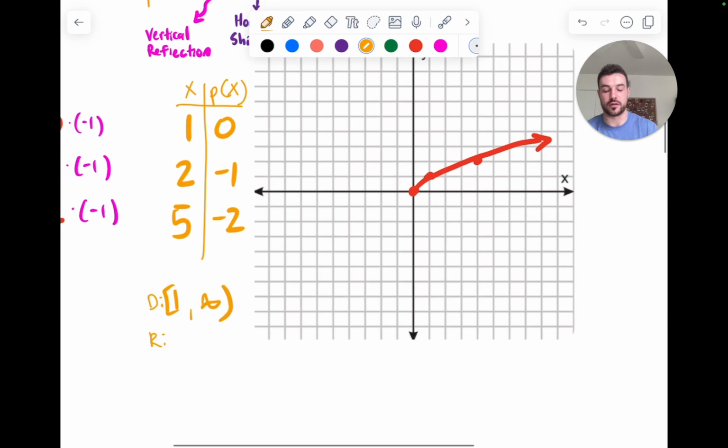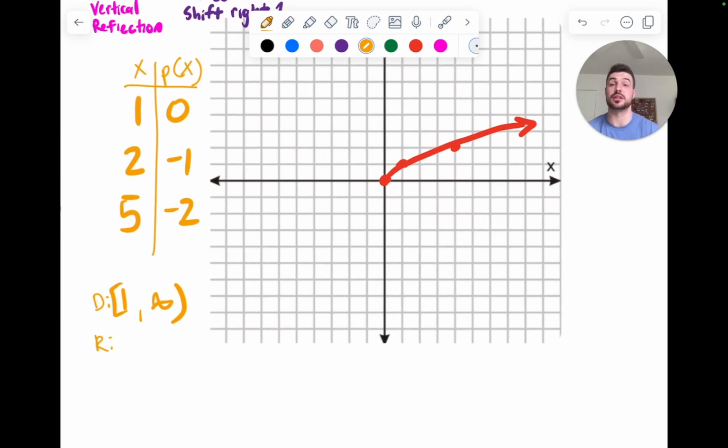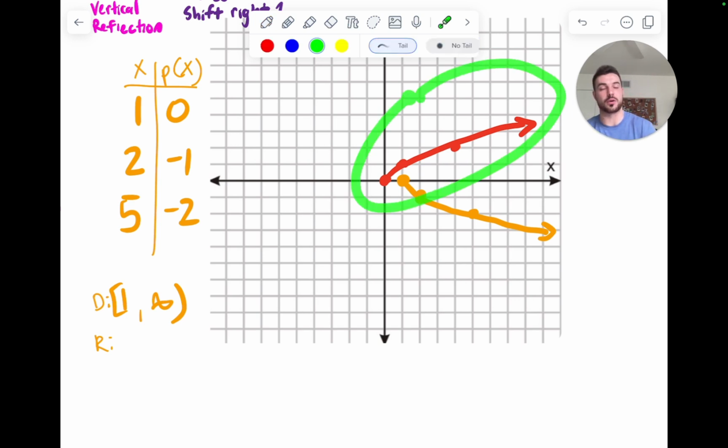So if we go back over here, just to help us visualize this a little bit, I can start to plot these points before I address our range. So I'm going to 1, 0. And then I'm going to 2, -1, and then 5, -2. And so our function is going to kind of continue in that direction because we can see what our original parent function is going to look like, so we know the general shape it should follow.